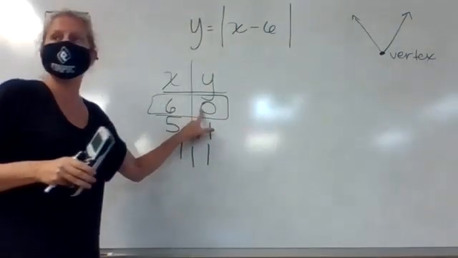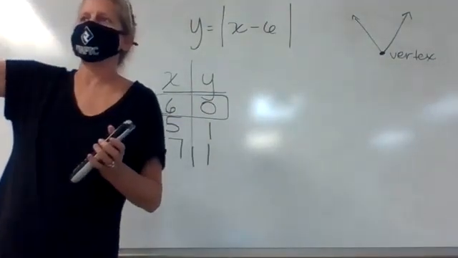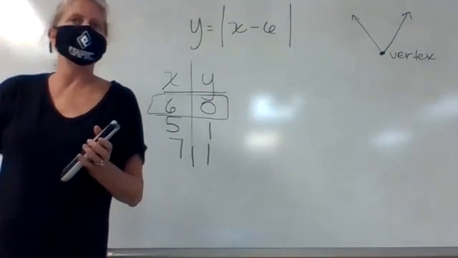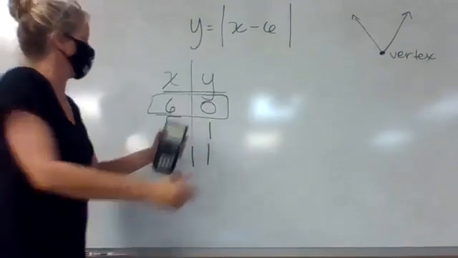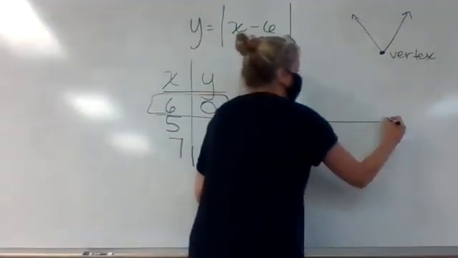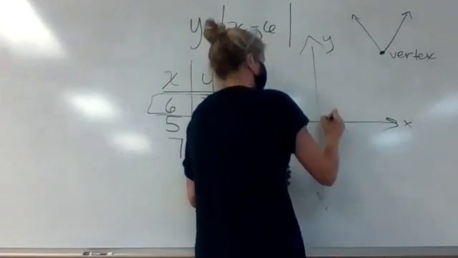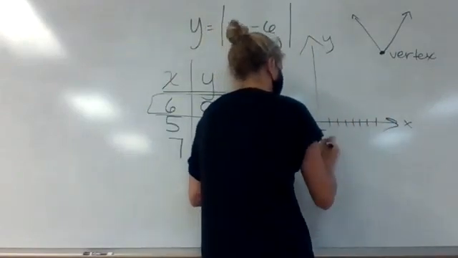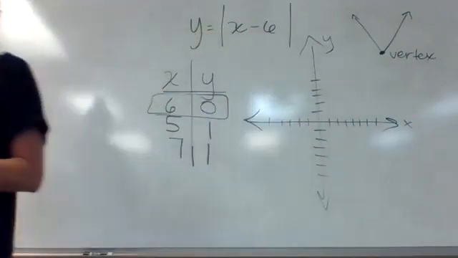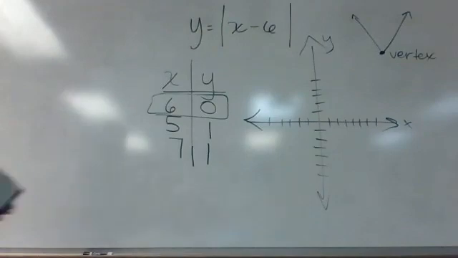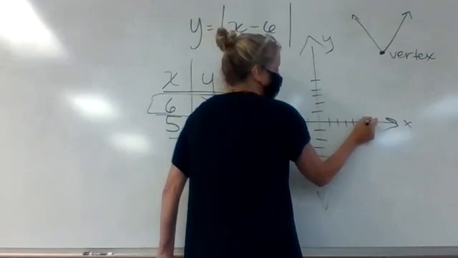That's going to be the point that MyMathLab is going to ask you to plot first. It'll say that up in the yellow rectangle. Instead of saying plot a point on the graph or whatever it says, it's going to say plot the vertex. So you just have to make sure you plot that point first. So 6, 0: to the right 6, and up and down 0.